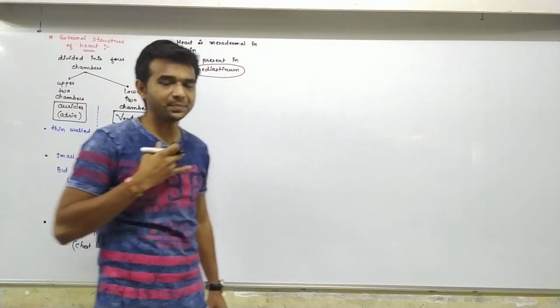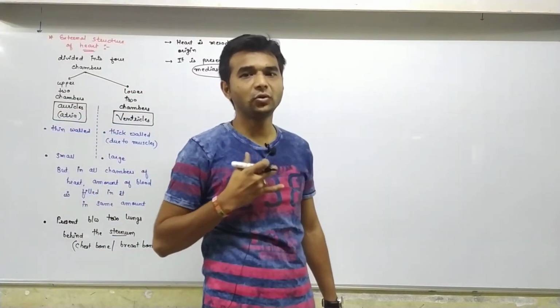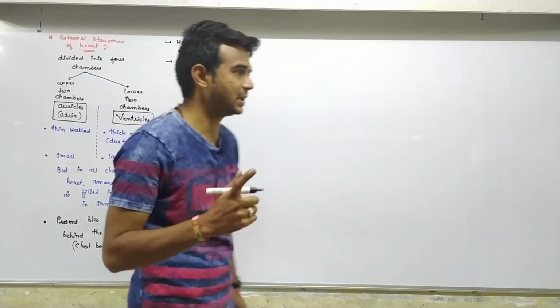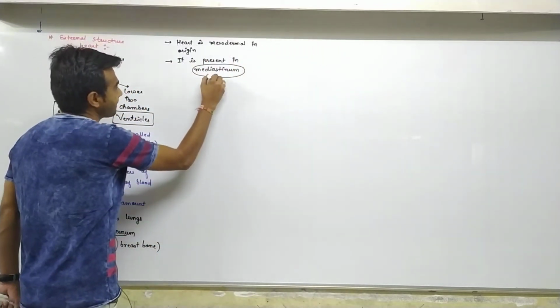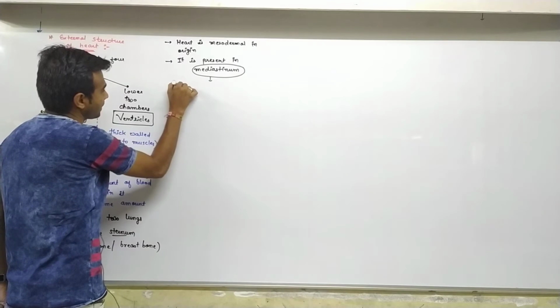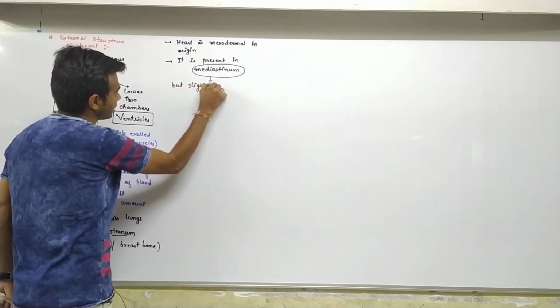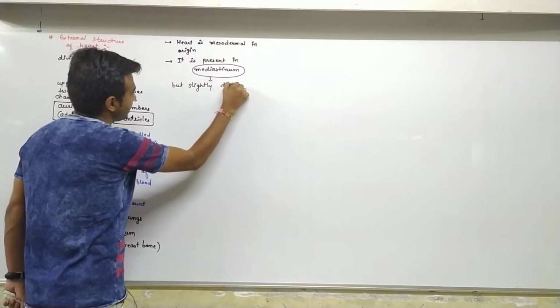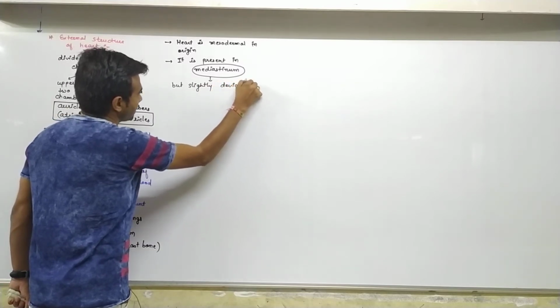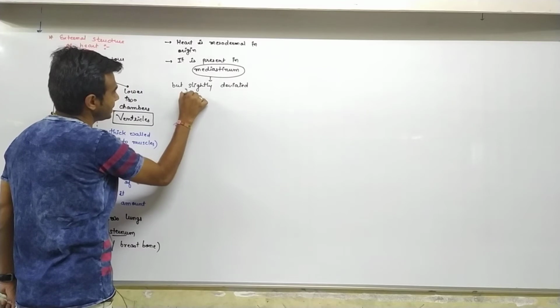The centermost part in the thorax region is known as mediastinum, but the heart is slightly deviated towards the left side.